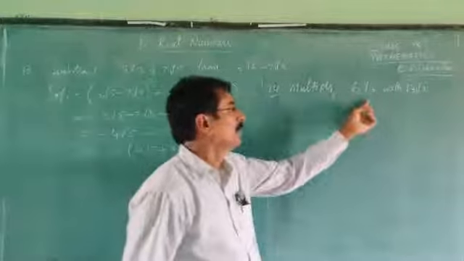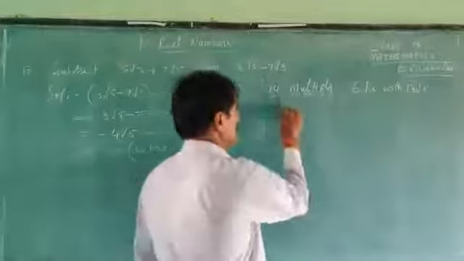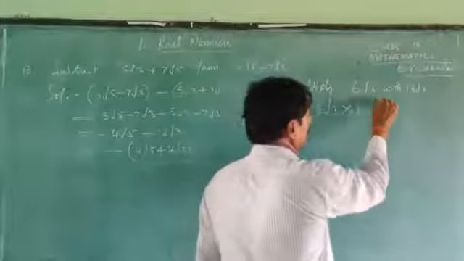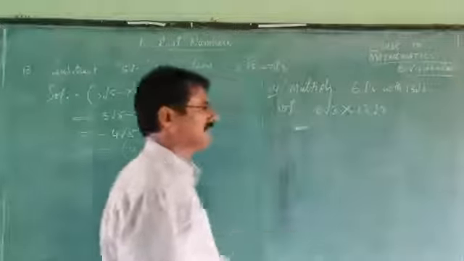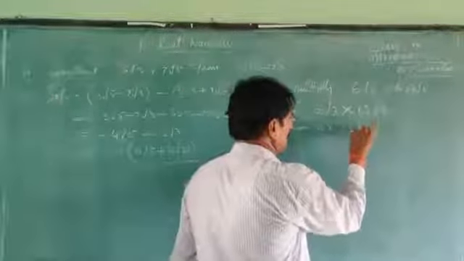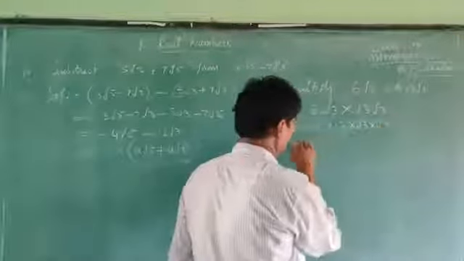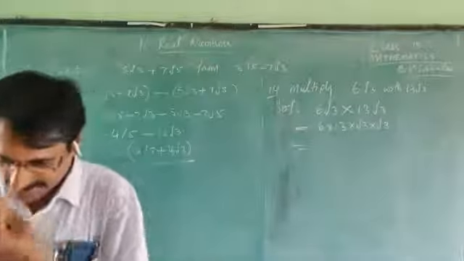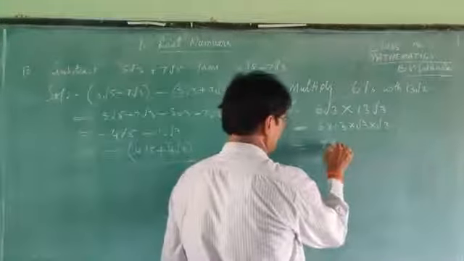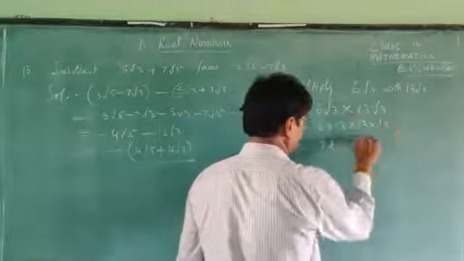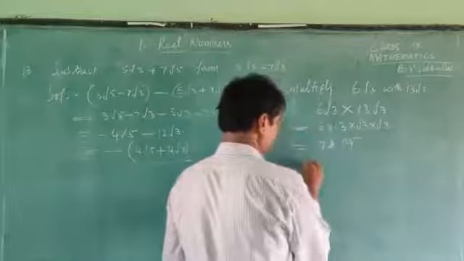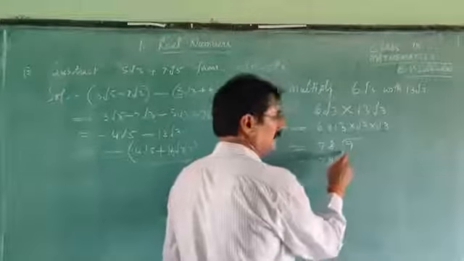Now we are going to multiply both irrationals: 6 root 3 into 13 root 3. In this, these two are rational. First write 6 into 13 into root 3 into root 3, equal to 78 into root 9.